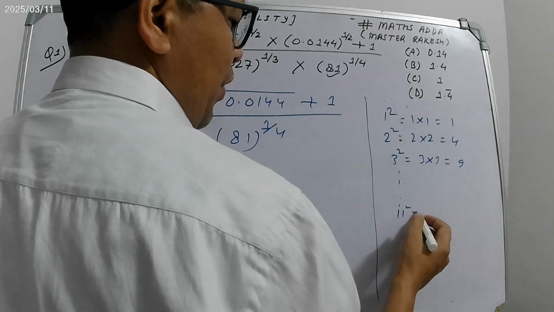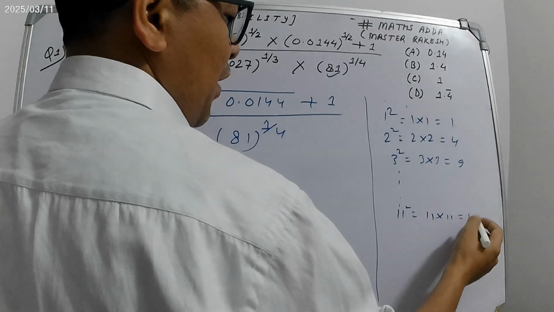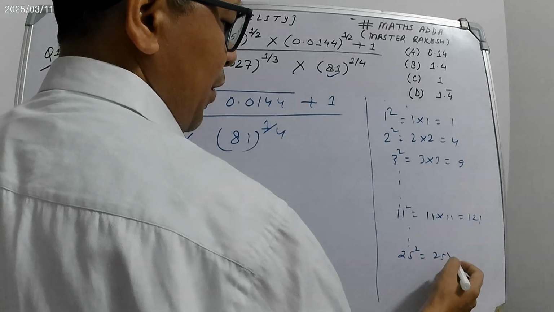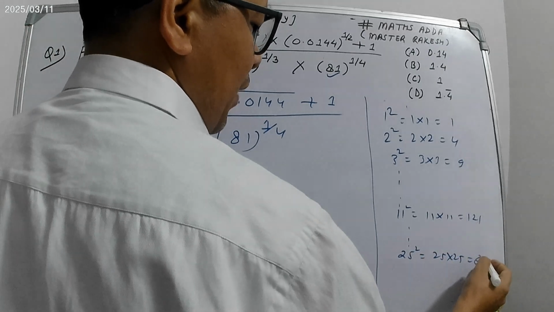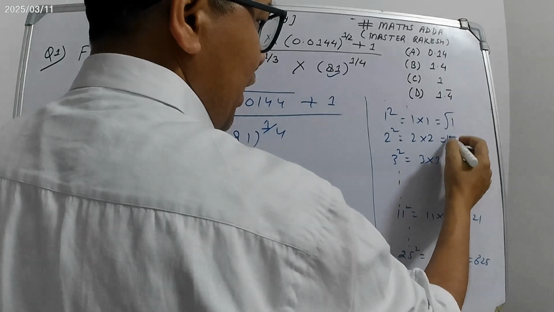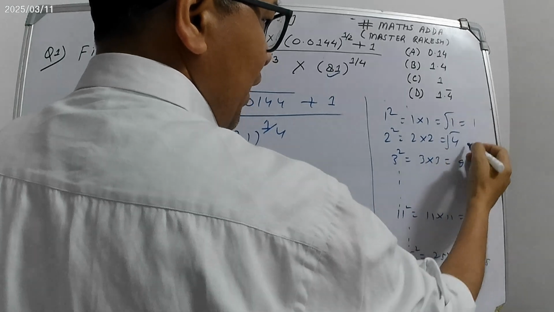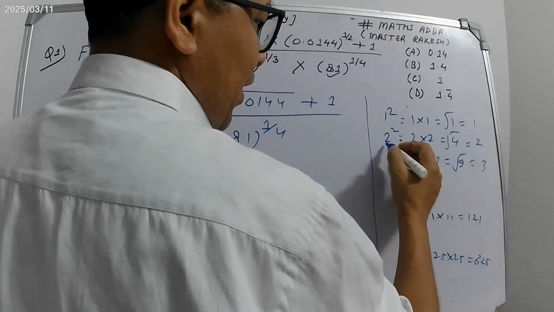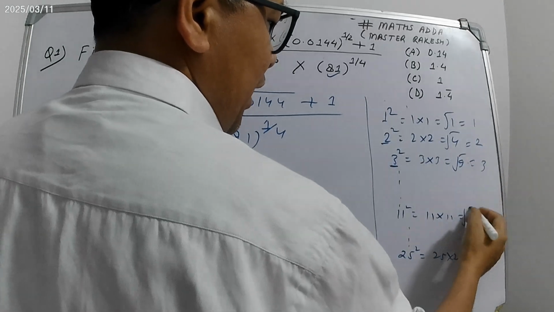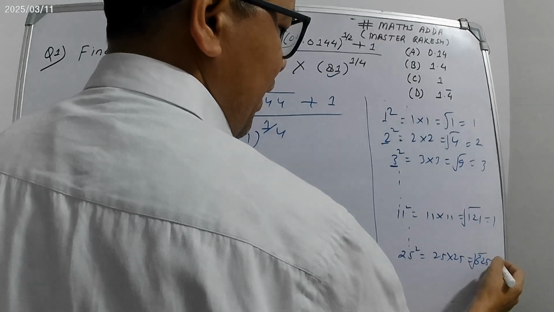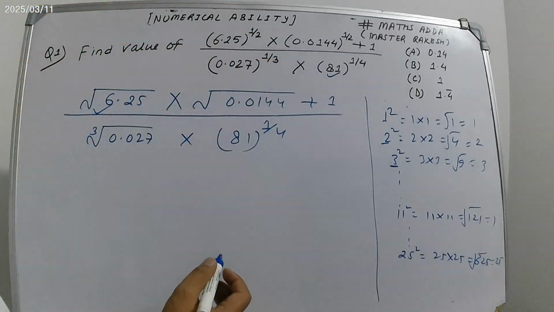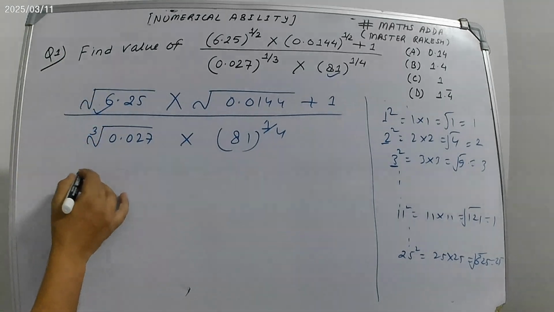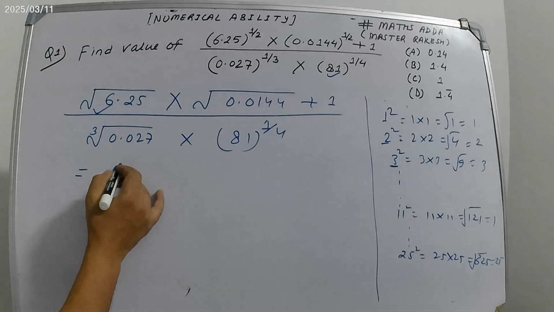Similarly 11 square equal to 11 into 11, 121. Similarly 25 square equal to 25 into 25, 625. So if you put square root here, it becomes 1, 2, 3, 11, 25. So like this, the square root of 6.25 becomes 2.5.